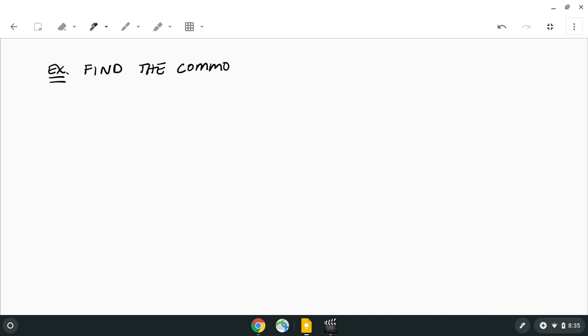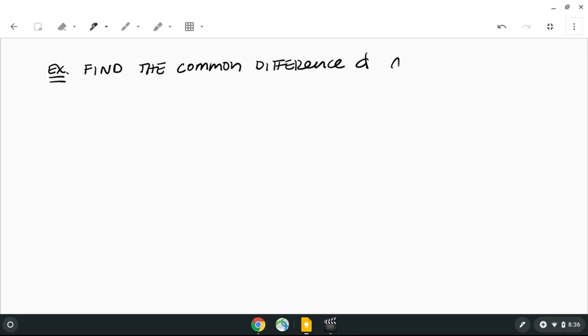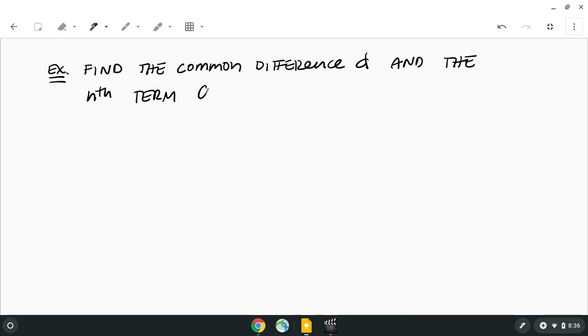Okay, find the common difference, D, and the nth term, that's that formula, your sequence formula, AN.